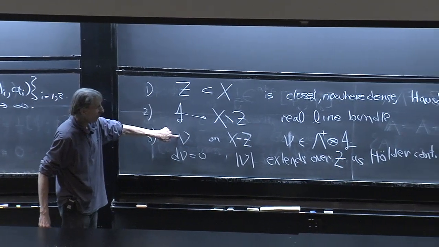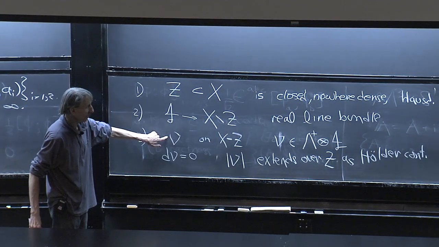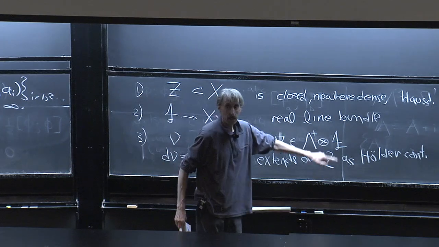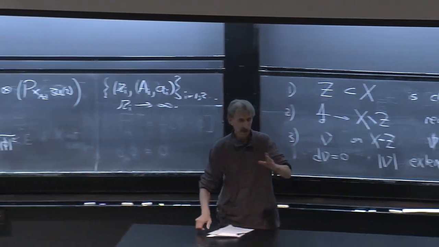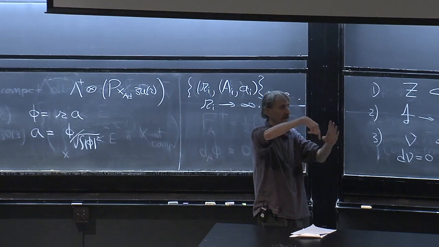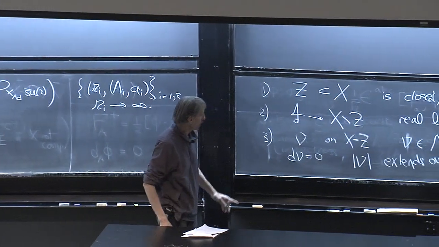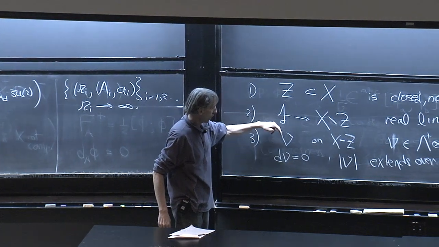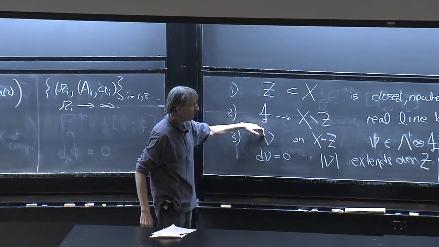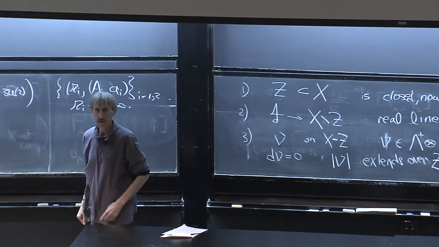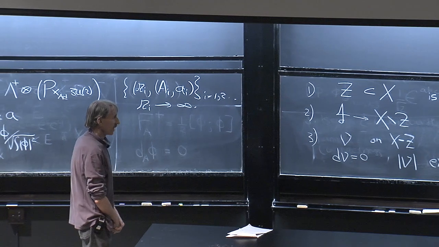Now the two-form itself isn't defined over Z because the bundle I isn't defined over Z. The set Z is codimension 2, perhaps. So when you go around a linking circle, the bundle might be non-trivial. So nu technically isn't defined on Z, but its norm is, and Z is actually where the norm is 0. Okay, so that's the first piece.